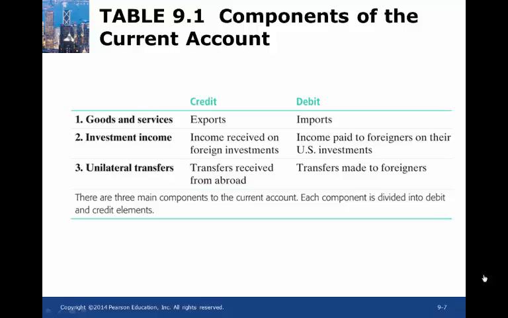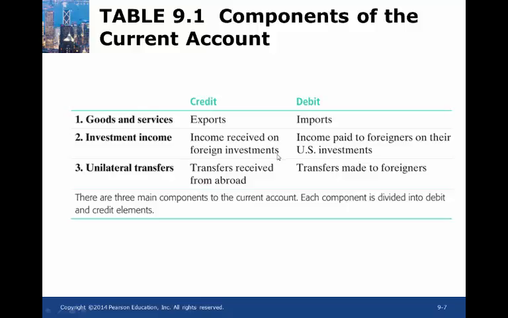Okay, so in table form, you can see that we have our three components of the current account. Keep in mind that there is both a credit side to it as well as a debit side. So, for example, in the trade for goods and services, there's the goods that we sell to foreign nations, and on the flip side, the debit part is the goods that foreigners sell to the United States.